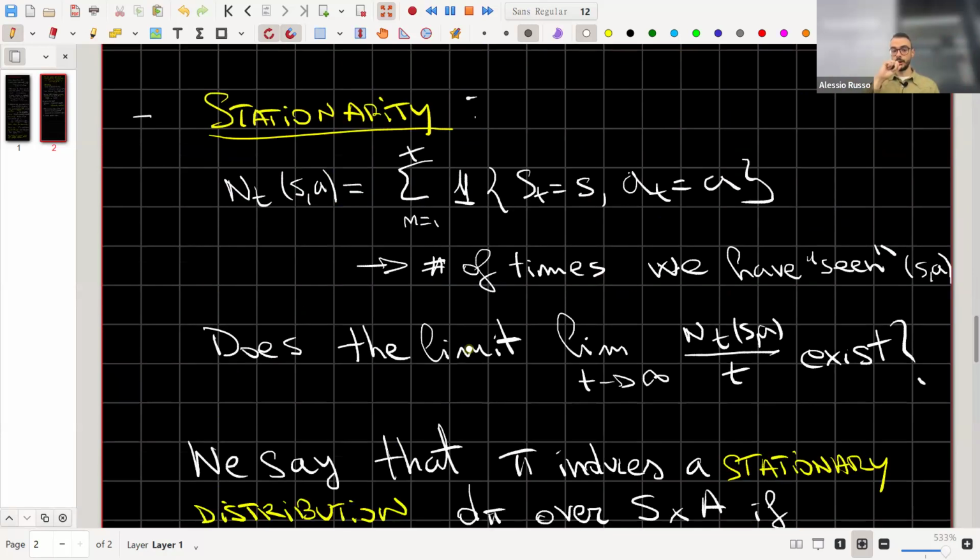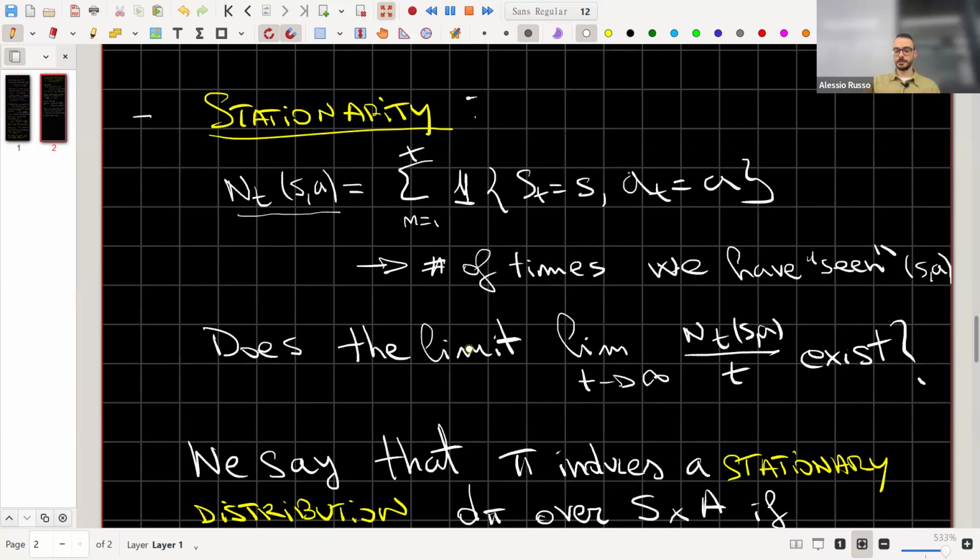Then another important concept is the concept of stationarity. To introduce this concept, I want to use the definition of the number of visits. It is N_t(s,a), the number of times we picked action A in state S. In other words, I will also say the number of visits to the state action pair SA.